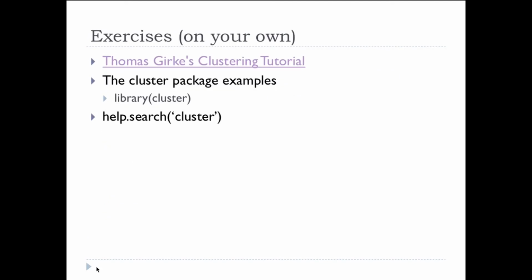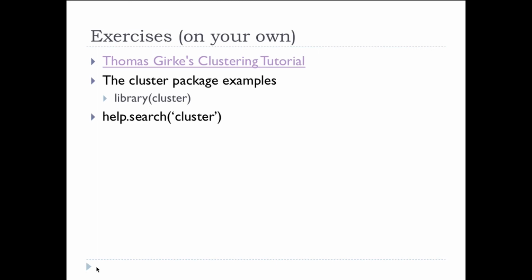All right, so the slides are online. If you guys want to follow up at some point, there's Thomas Girke's clustering tutorial, that's a clickable hyperlink, and he's got a bunch of clustering examples there, including some relatively newer clustering algorithms. The cluster package has many different clustering algorithms.